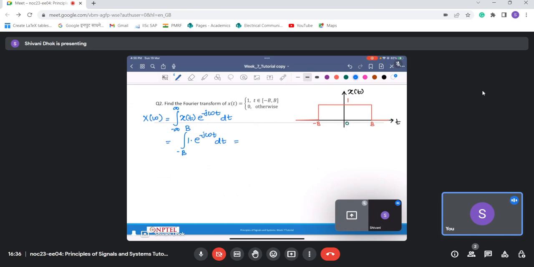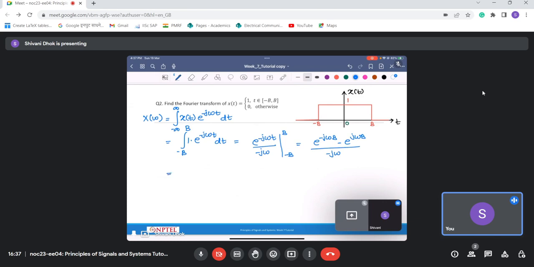Now this I can write as e^(-j omega t) upon minus j omega from minus b to b. This is equal to e^(-j omega b) minus e^(j omega b) upon minus j omega.